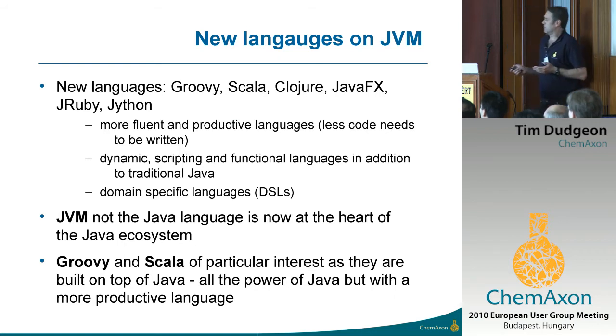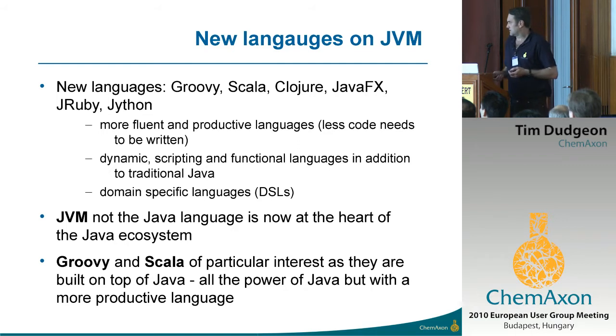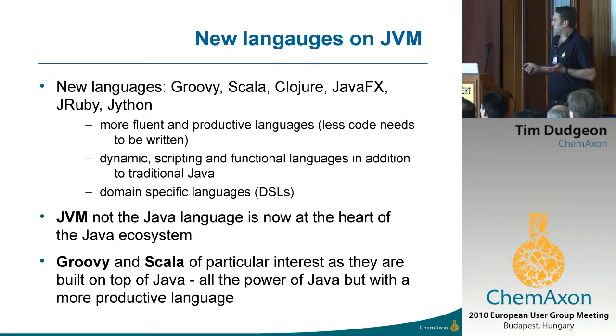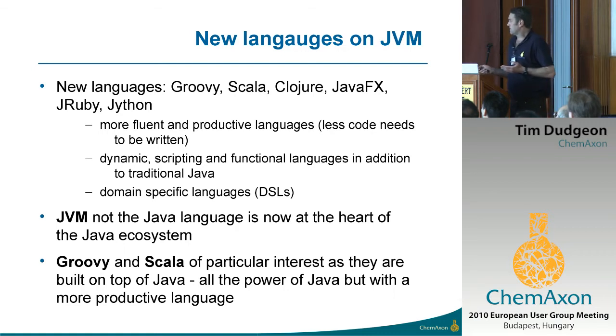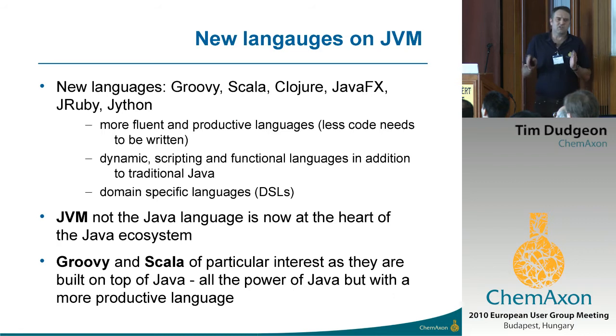Many of these languages are more productive. More fluent is often a term that's used. Many of these languages are dynamic rather than statically typed, and some of them are very good for writing things like domain-specific languages. So there's a lot of evolution going on in the language area as well, which means maybe Java isn't the right language to be using.